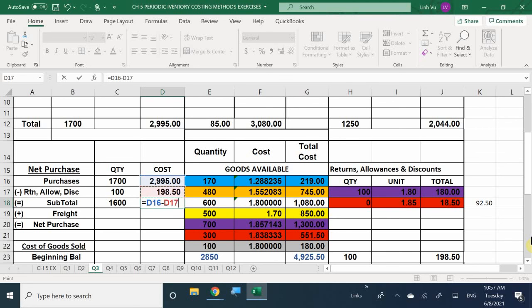And my subtotal here, after refunding $198.50. Yeah, so we're not adding, we're subtracting.